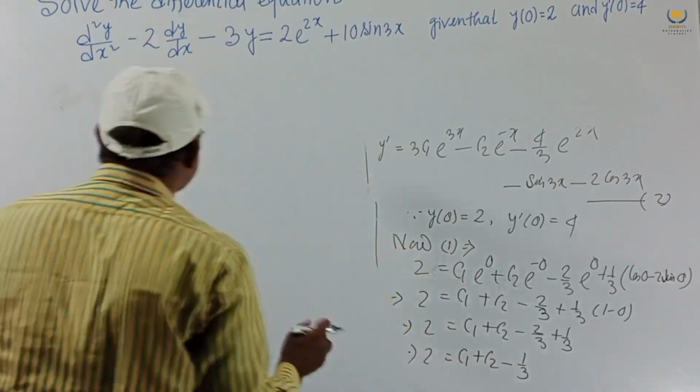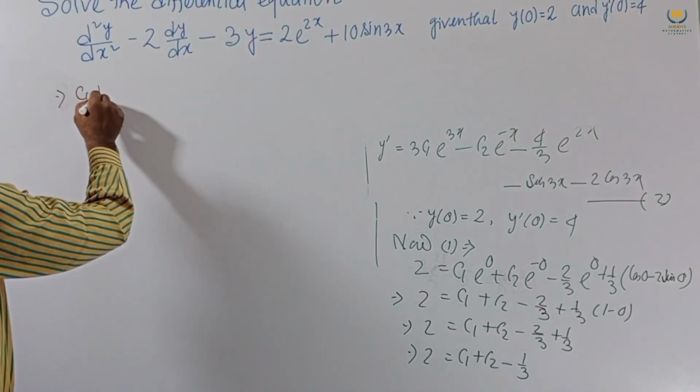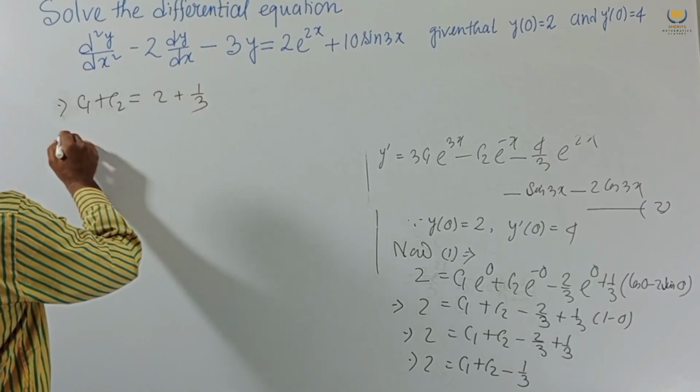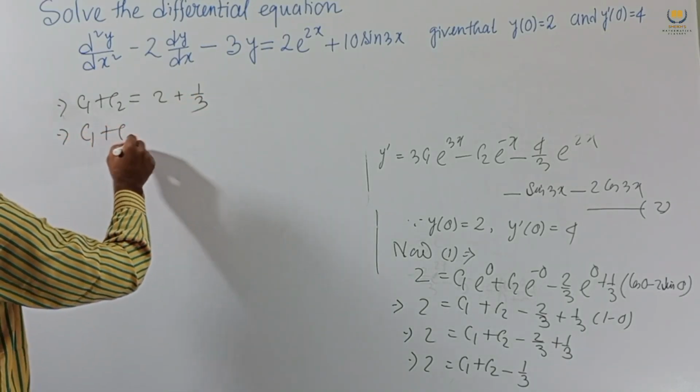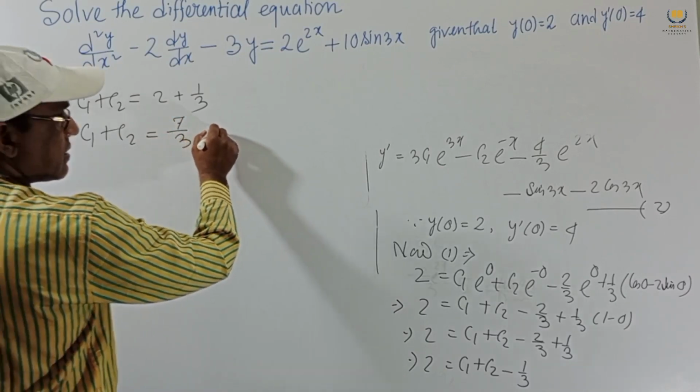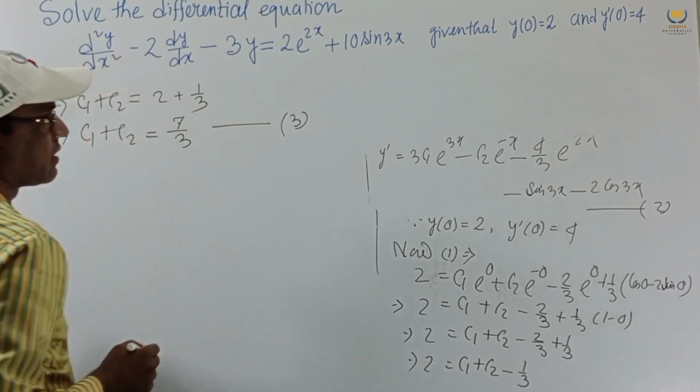Taking this to the left hand side, this implies c1 plus c2 equal to 2 plus 1/3, then c1 plus c2 equal to 7/3. This is number 3 we consider.